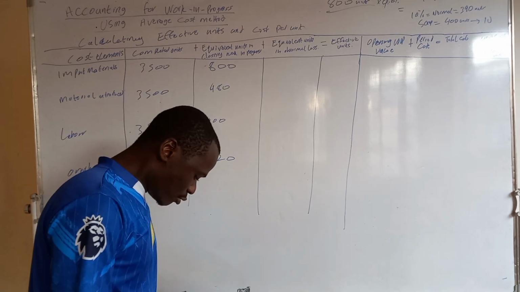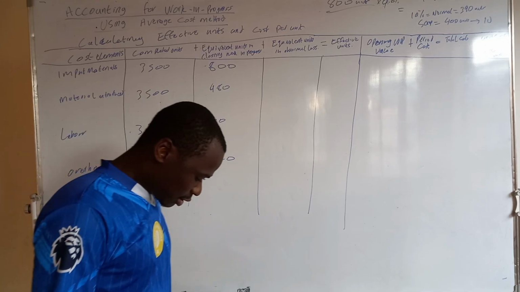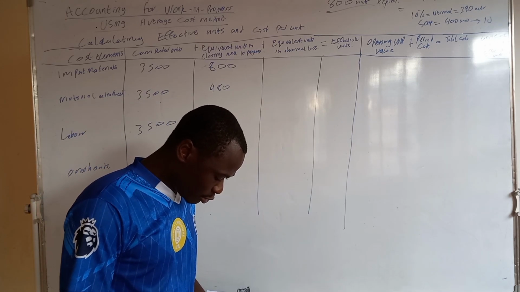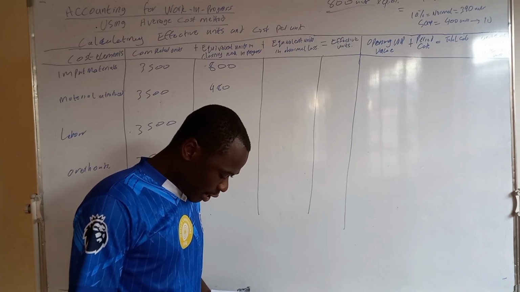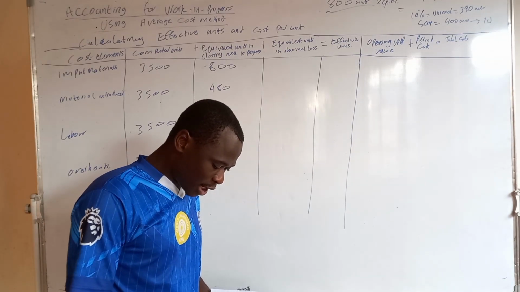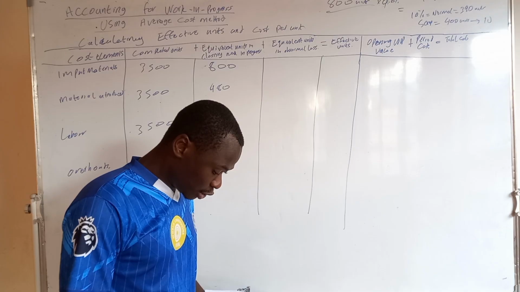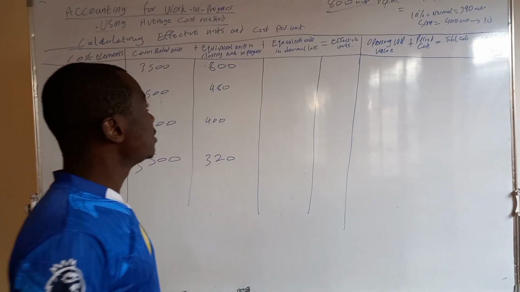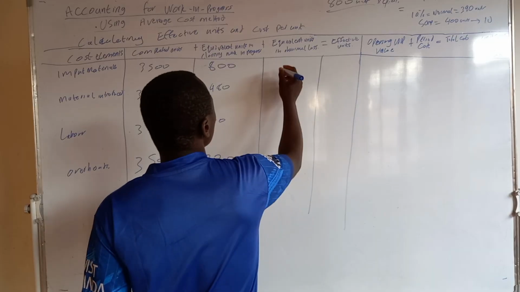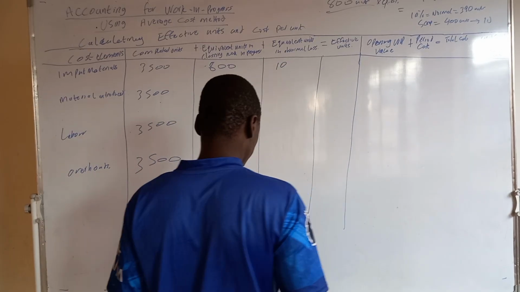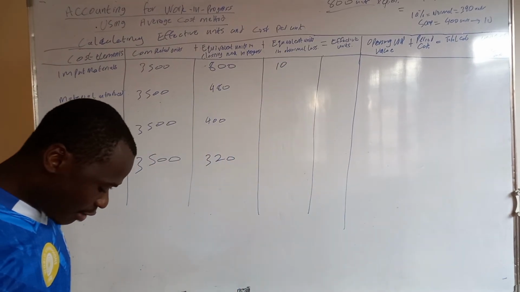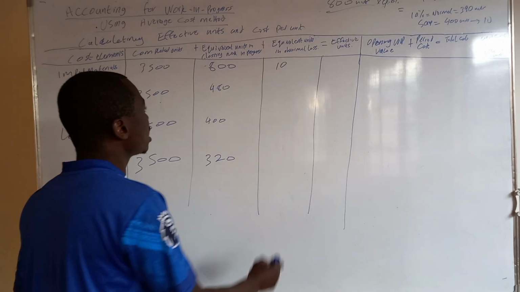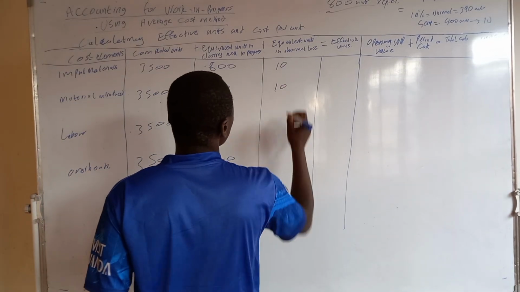So what was the completion? Remember, up there in the information, we are told about the units scrapped at the following stage of completion. Input material was 100%. So this is 10 units. Material introduced that was worked on was 10. It was 100%.